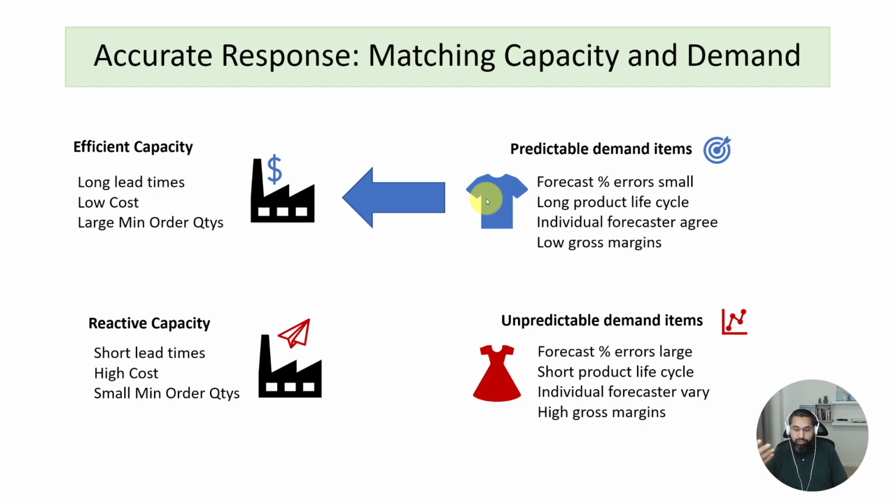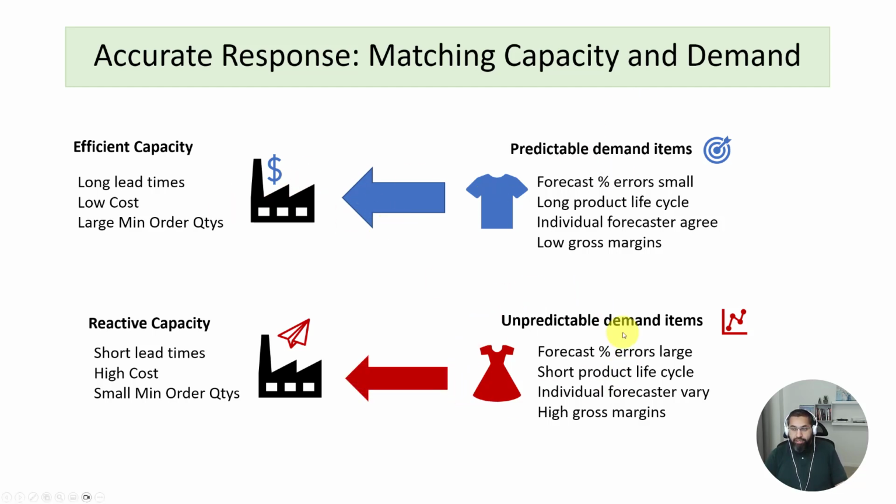Even if you think forecasting is not going to be accurate for your situation, you have to do the forecasting activities to get a sense of the forecast error, because not all SKUs, not all categories, not all items will have the exact same amount of forecast error. Some will have more forecast error. Some will have less forecast error. Less forecast error items are your predictable items. They are awesome. They're good for you because you can get them produced on cheap capacity with long lead times. Okay, so that's what you do with those.